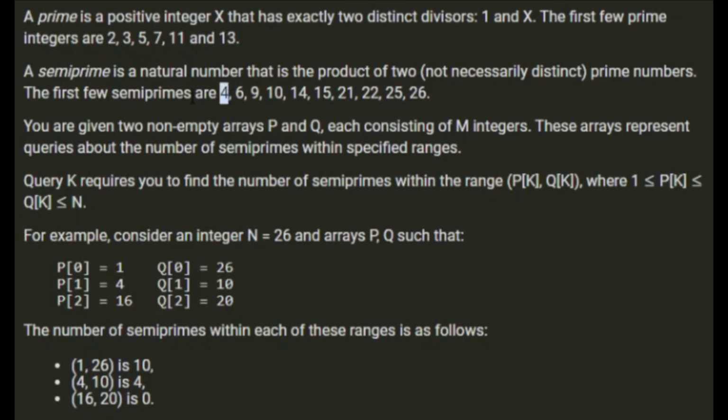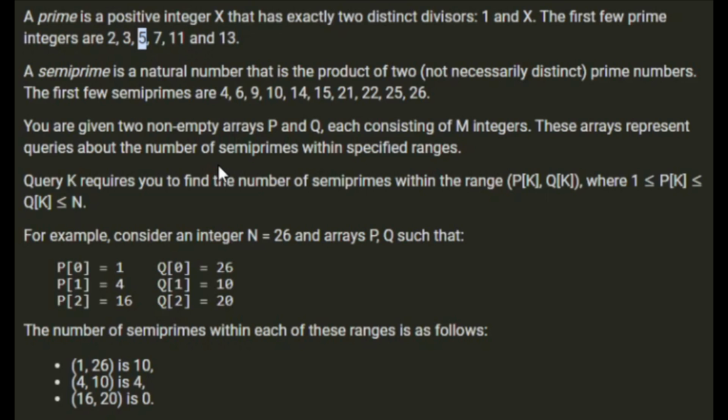So 4 is 2 times 2, 6 is 3 times 2, 9 is 3 times 3, 10 is 2 times 5. Okay, so if we can take two primes and multiply them, we get a semiprime.